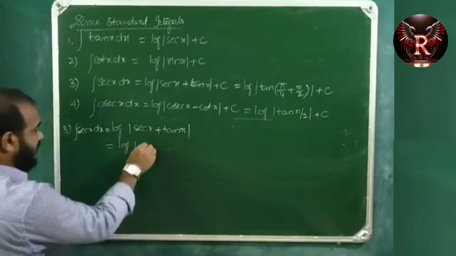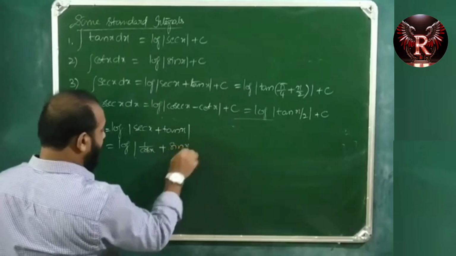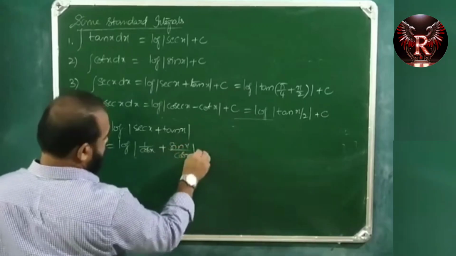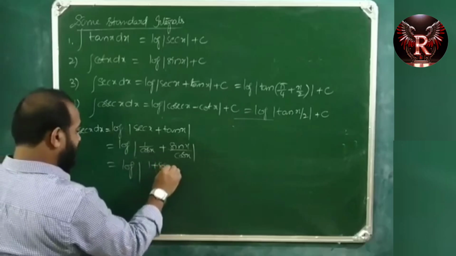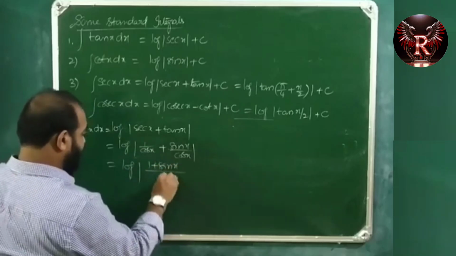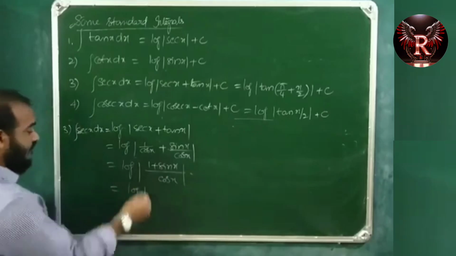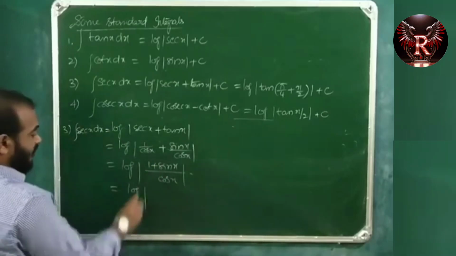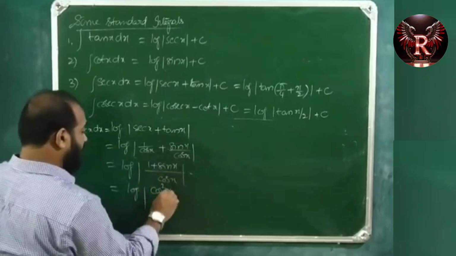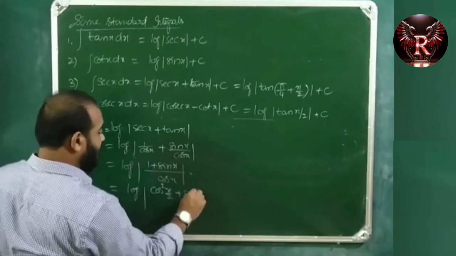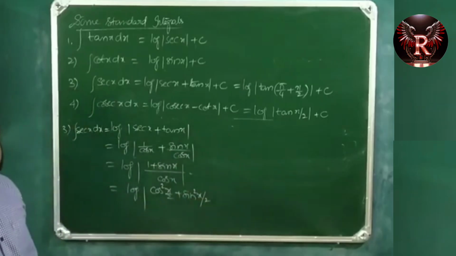Secant x is 1 by cos x. Tan x is sin x by cos x. So this is log of 1 plus sin x by cos x. 1 can be written as cos square x by 2 plus sin square x by 2, because sin square x plus cos square x is 1.